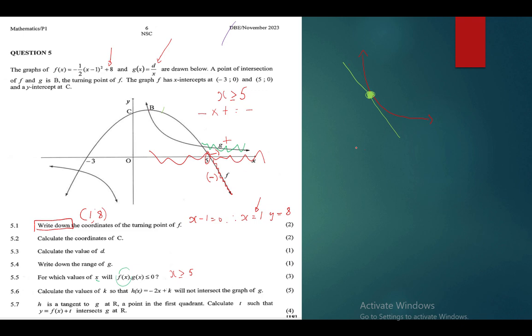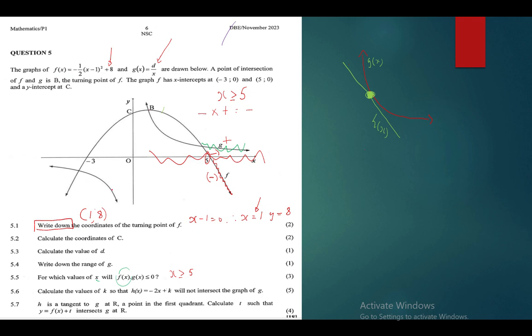If h is tangent to g, I'm saying this is my h and this is my g. I'm trying to visualize what's happening. Visualization is very important. This green line represents function h, which is tangent to the function g. H is tangent to g at r.